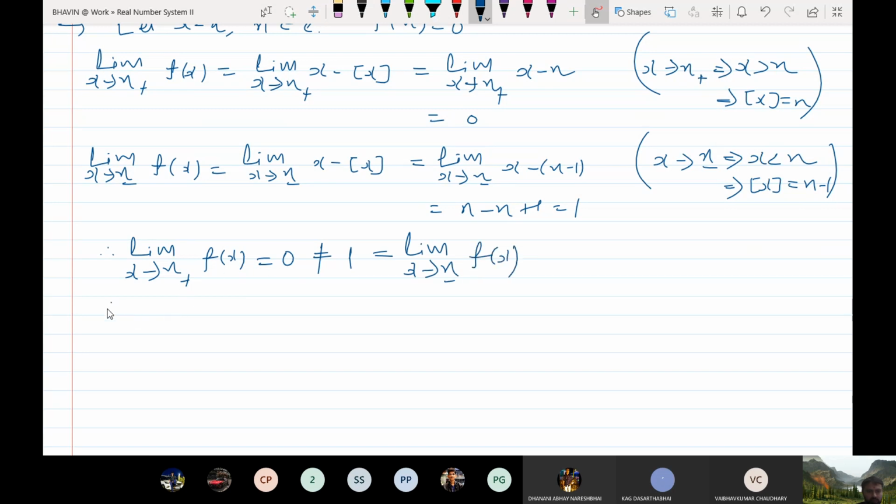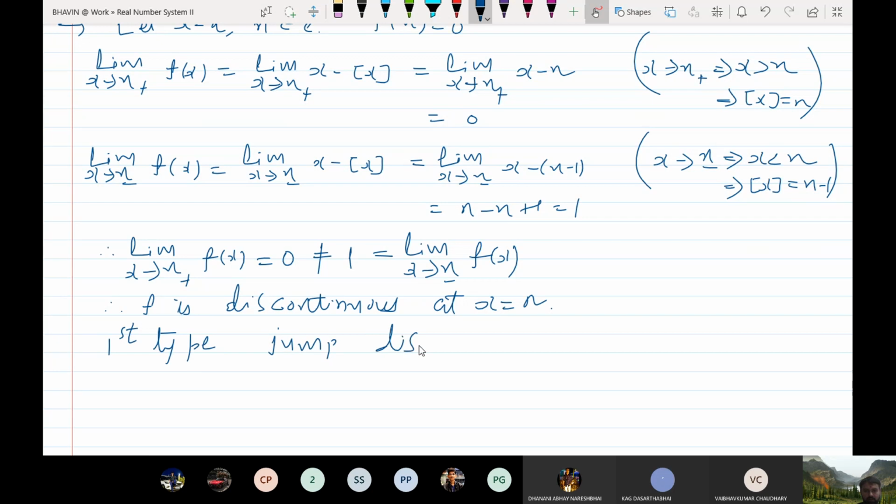So both limits exist, but they are not the same. And first type, jump discontinuity. Okay.